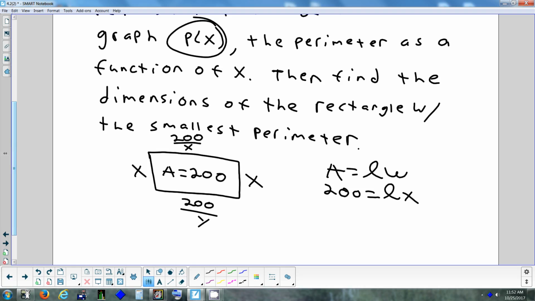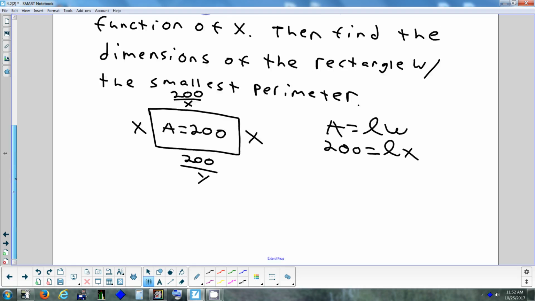And now they want the perimeter of that. So with perimeter, how do I find perimeter of a shape? How about Cassandra? You add all your sides. Yeah, just add up all the sides. So I'm going to get x plus x, which is 2x, and 200 over x plus 200 over x.